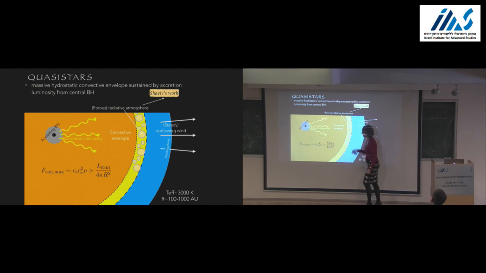It's called a quasi-star because it's like a star, but the energy is not nuclear energy but accretion energy. How is this energy transported? By convection. And by convection you can transport a flux higher than the Eddington flux. The Eddington flux is the limit when radiation is transported by radiative transfer, not by convection.